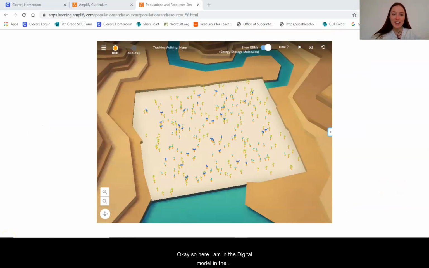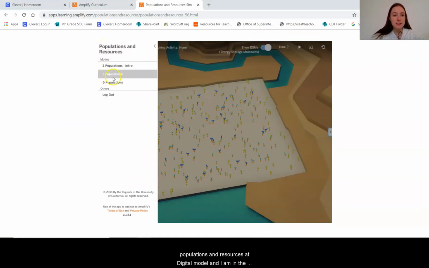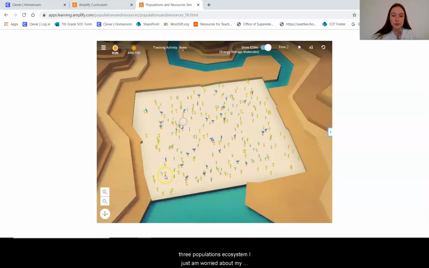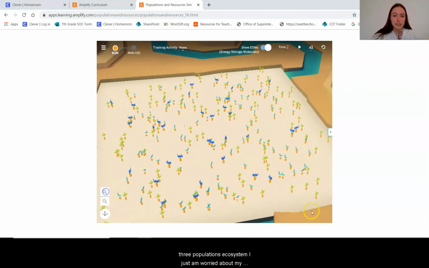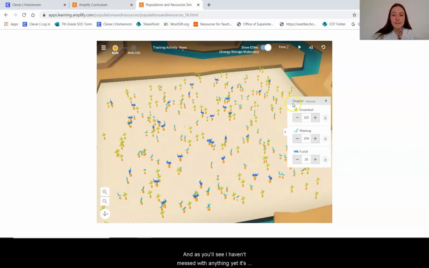Okay, so here I am in the digital model, in the populations and resources digital model, and I am in the 3 populations ecosystem. I just am worried about my furbles, my wee bugs, my green leaves, and as you'll see, I haven't messed with anything yet. It's only been 2 time frames.